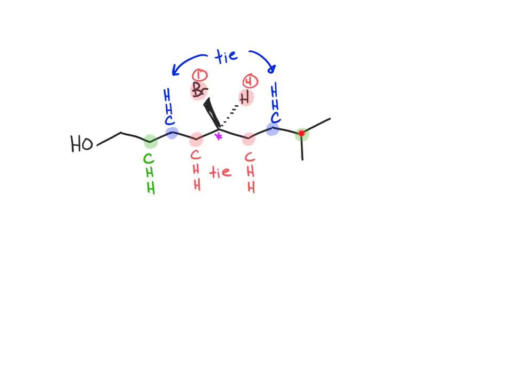On this one on the right, we have a carbon and a hydrogen. We finally have a tiebreaker. On the left side there's one carbon, on the right side there's two carbons.